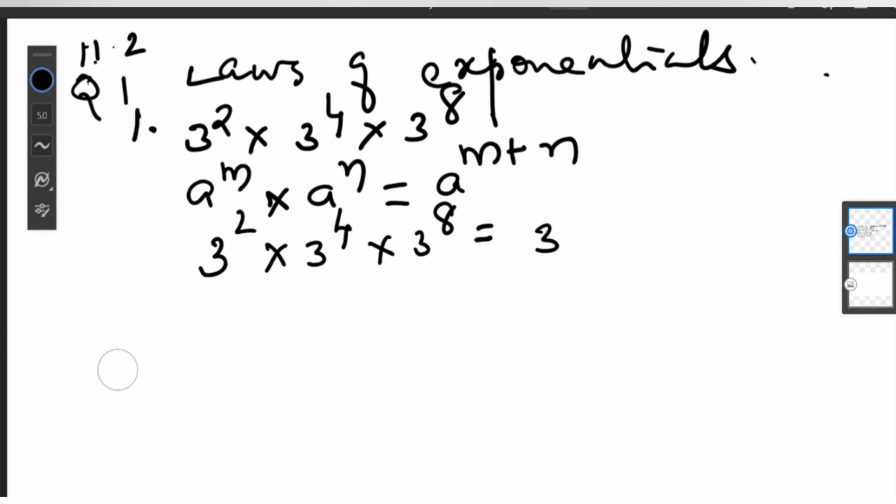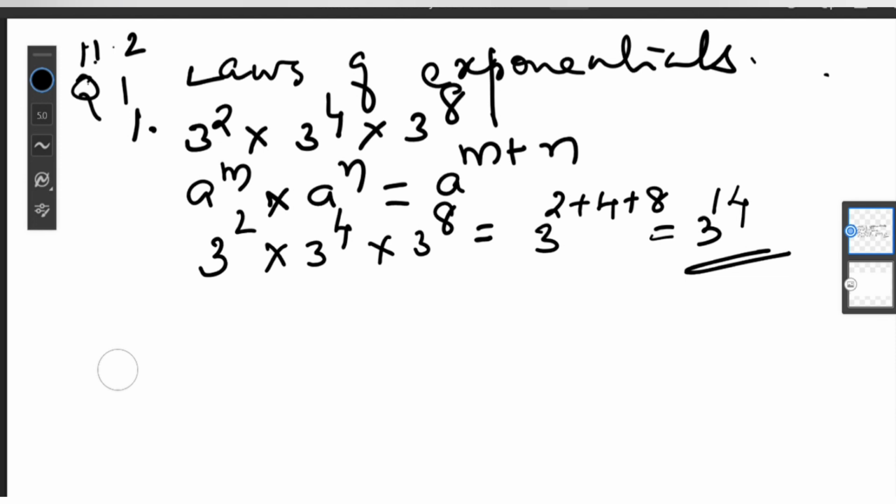As a is the same, a means 3, and the exponent is m plus n plus n. So 2 plus 4 plus 8, that is 3 raised to 2 plus 10 plus 4, 14. 3 to the power 14.